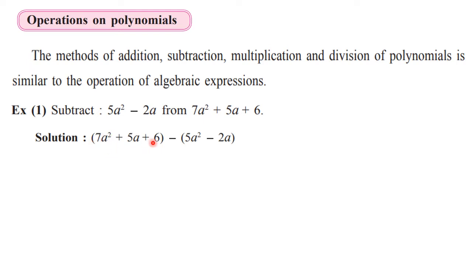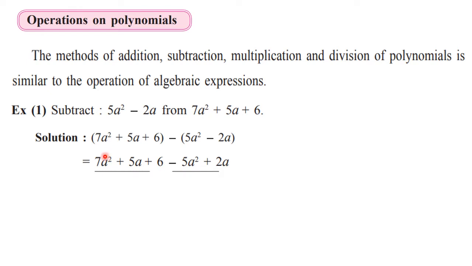That first polynomial we will write down as it is, then this minus sign, and then because of this the signs are going to change. So plus 5a square will become minus 5a square, and minus 2a, this minus and this minus will give you plus. Now what we can observe here is this 7a square and this minus 5a square, they are like terms.